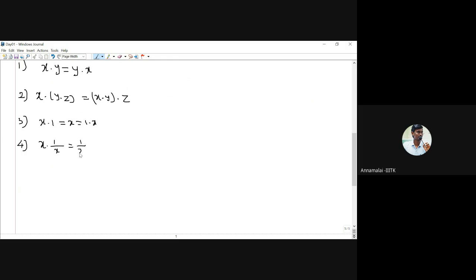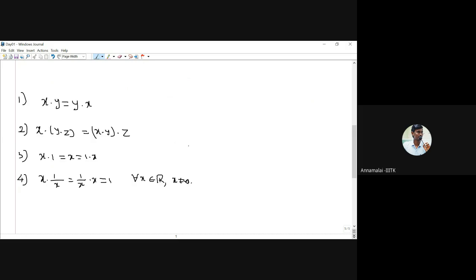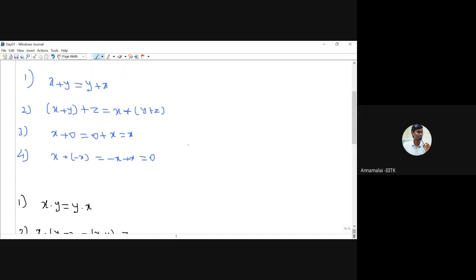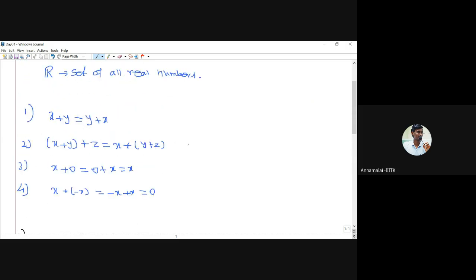So 1 by x into x gives 1. This is true for any non-zero real number x in R, but x should be non-zero. So these are all the properties of multiplication of real numbers. These four properties are for multiplication, and the earlier four properties are for addition of real numbers.